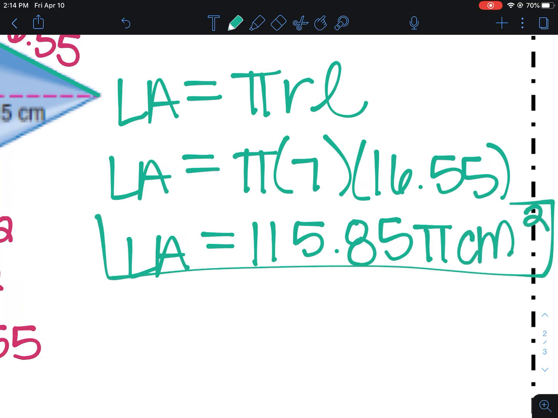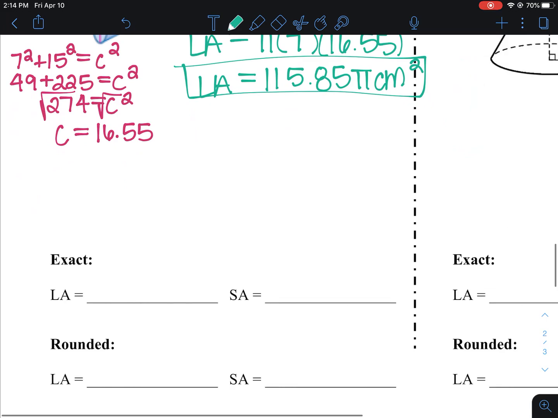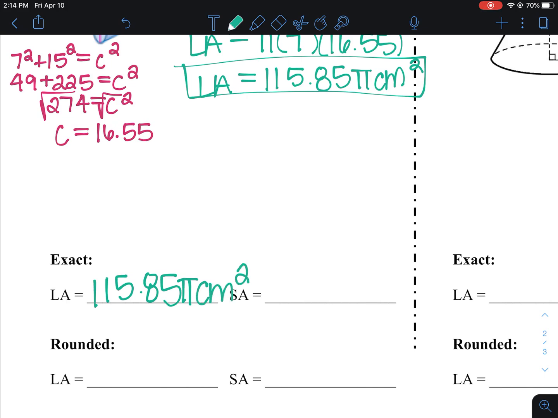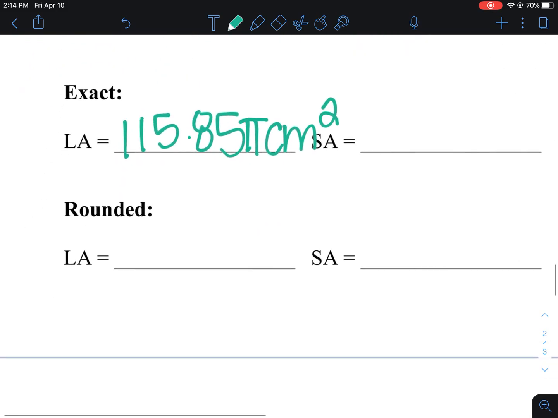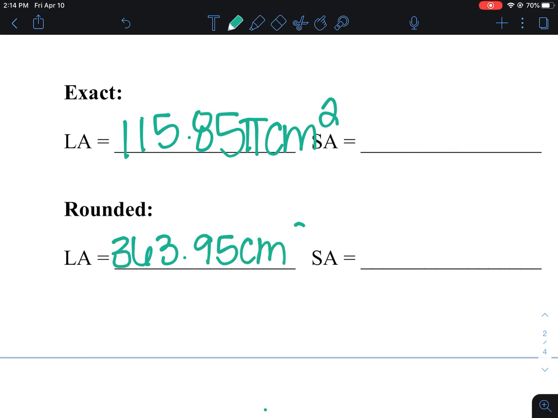That's the exact answer. So that goes here, 115.85 pi centimeters squared. Then type it with the pi in the calculator, 115.85 pi, and that is 363.95 centimeters squared.